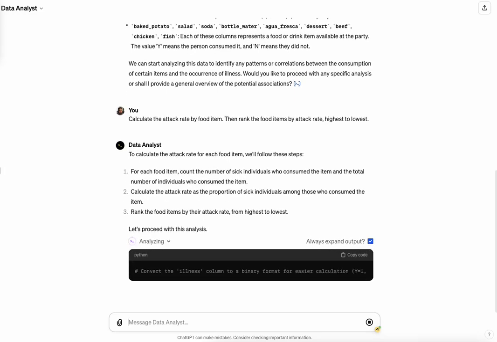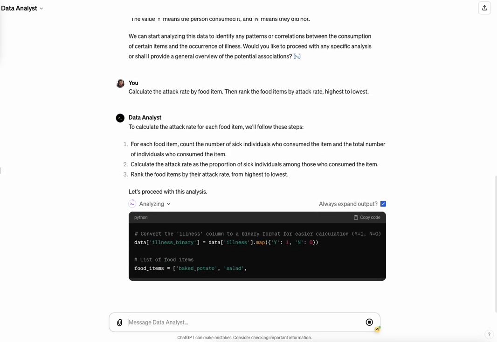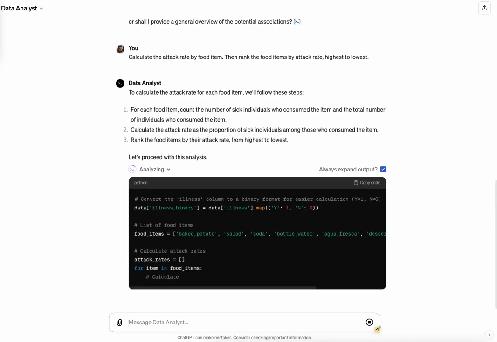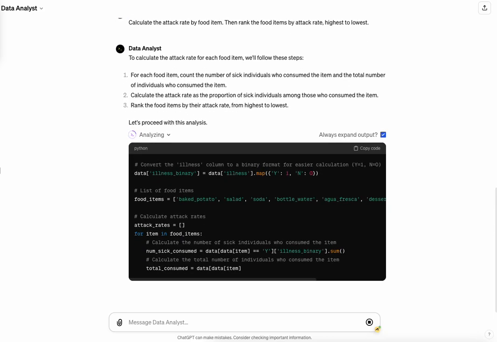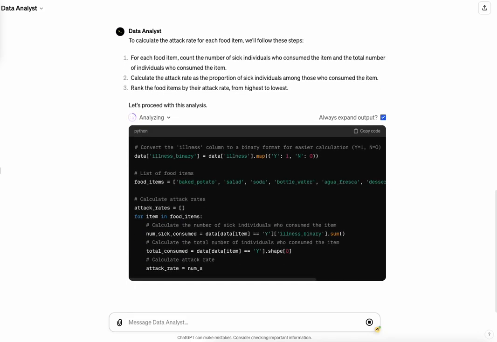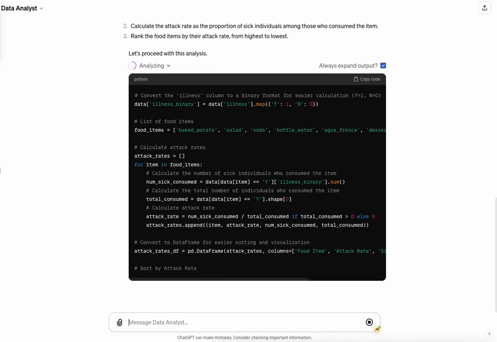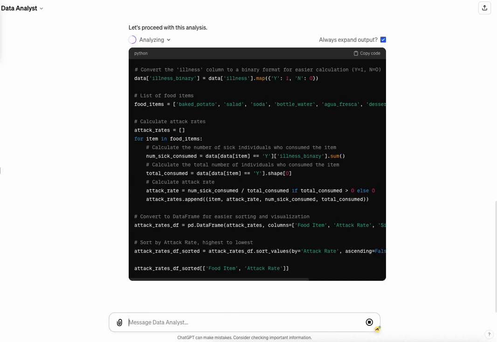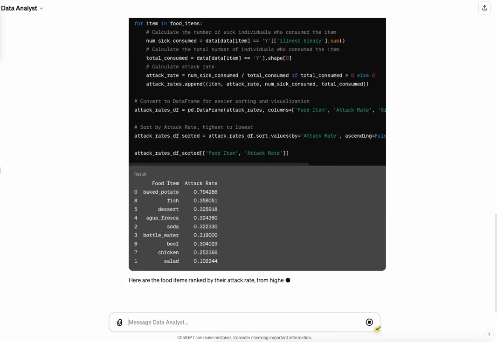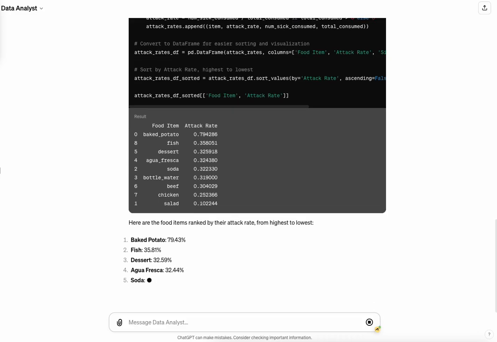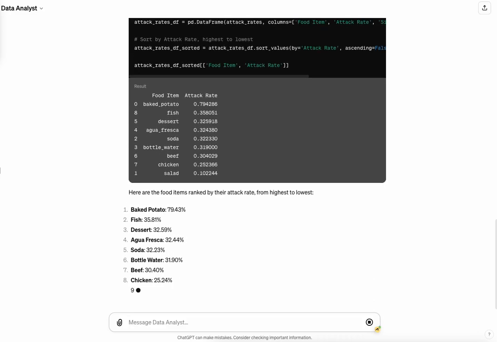So let's see. It's doing all the code and it looks good. It's creating a function for calculating attack rates, and then applying it. So here we see the baked potato has the highest attack rate and the salad has the lowest attack rate.